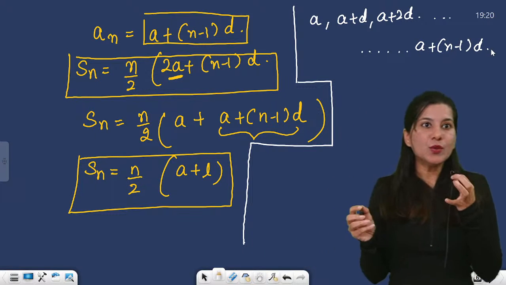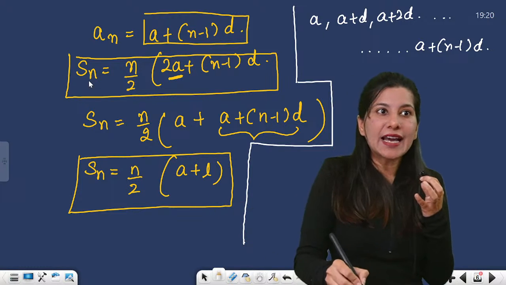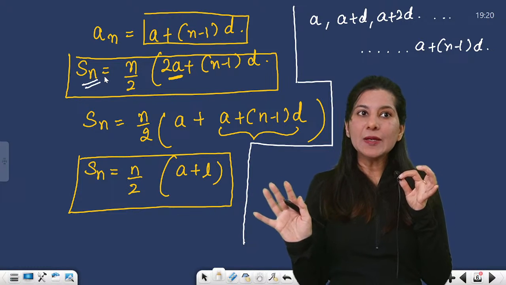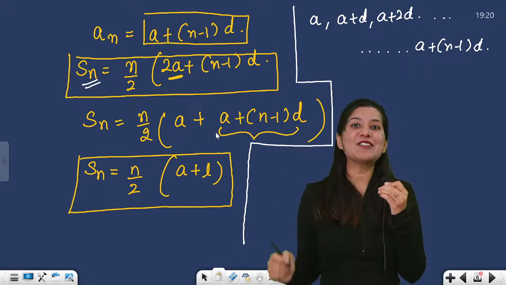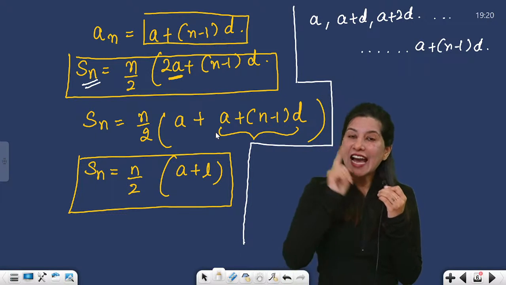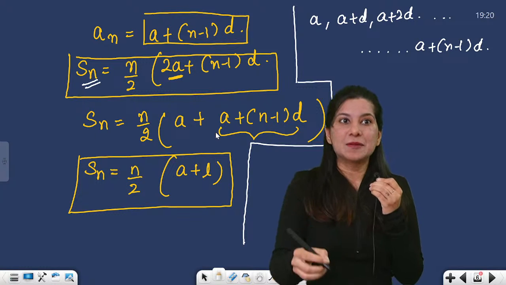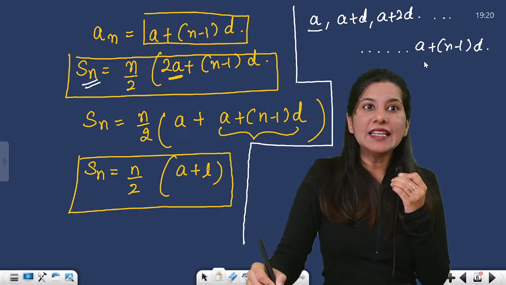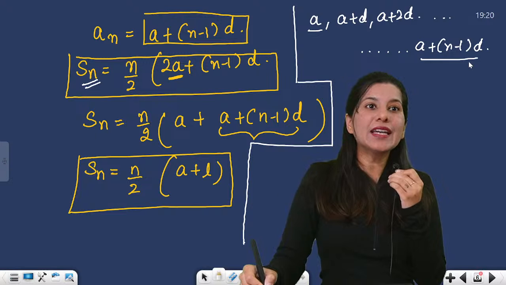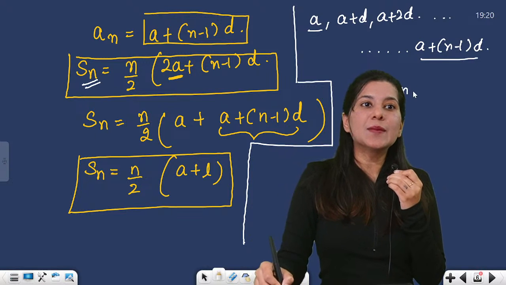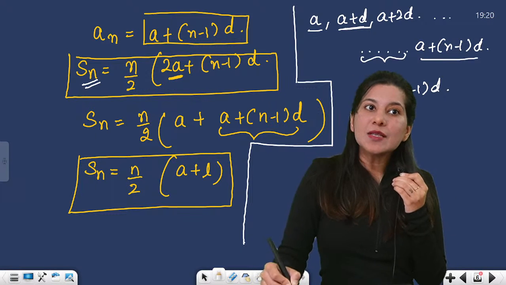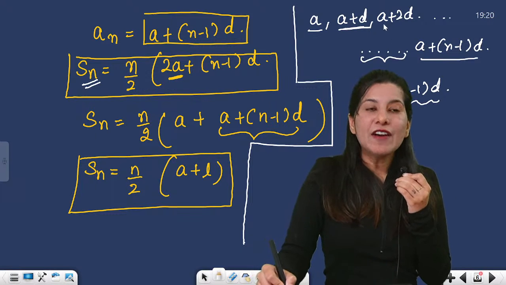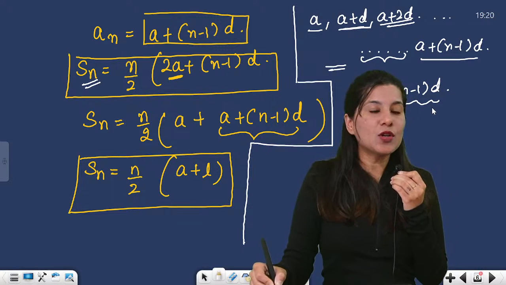So what we need to do is add all the terms so that I can get the sum of n terms of an AP. Friedrich Carl Gauss always added the first and last term. So if I add a and a plus n minus 1 d, what do I get? I get 2a plus n minus 1 d. If I add the second and second last term, again I'm going to get this. If I add the third and third last term, again I'm going to get this.